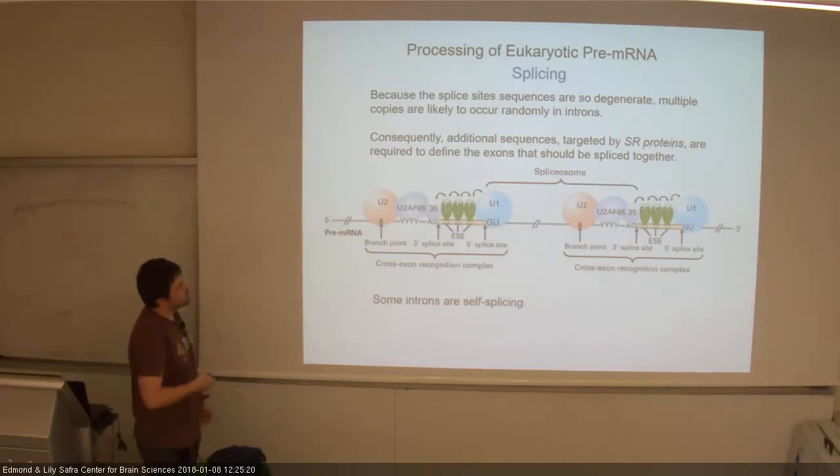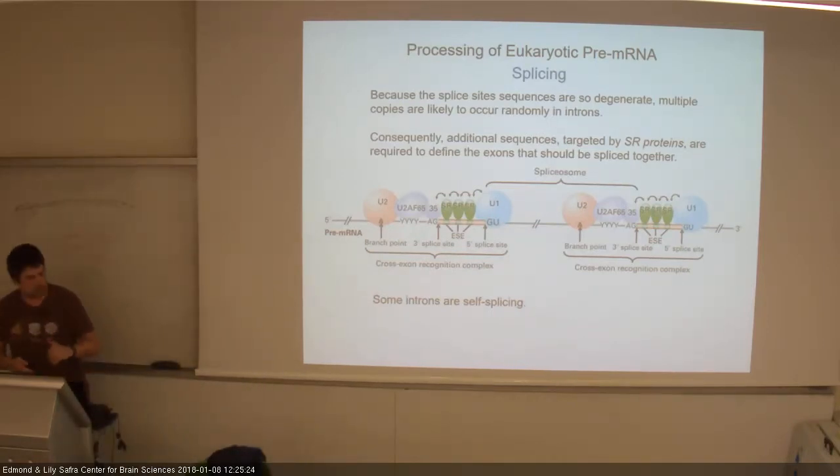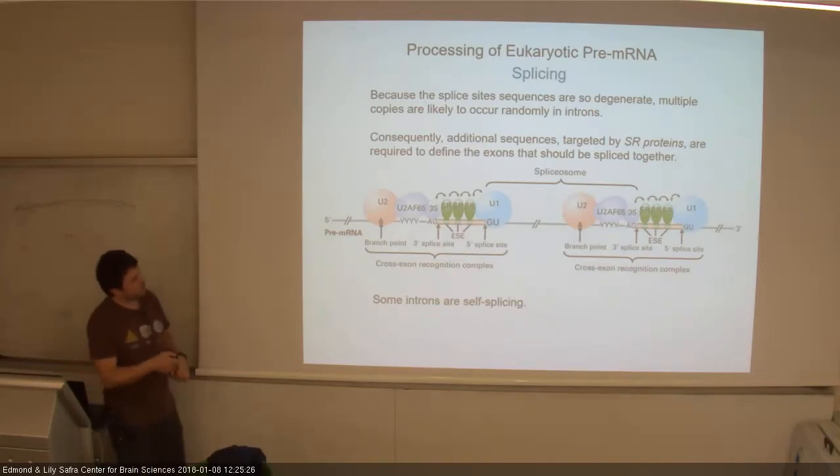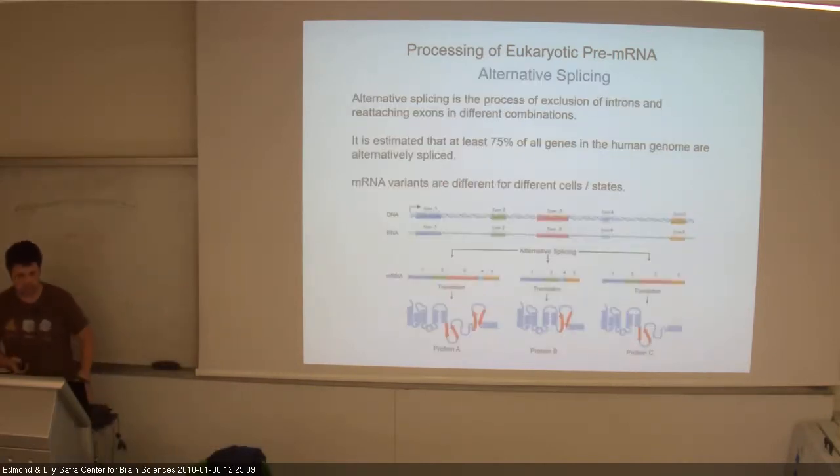And these SR proteins also interact with the U elements of the spliceosome. So when there are no SR proteins, the U1 or the other U proteins can bind and initiate the splicing machinery.